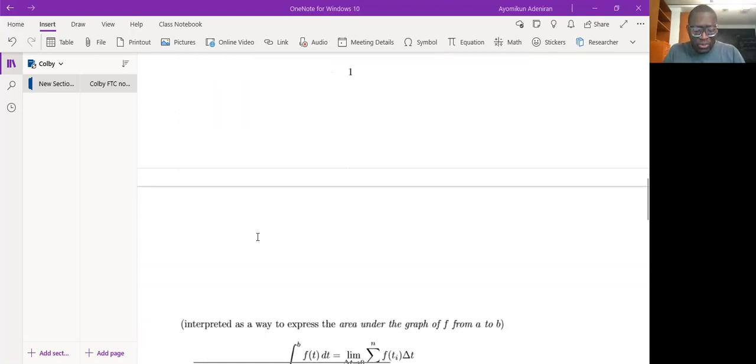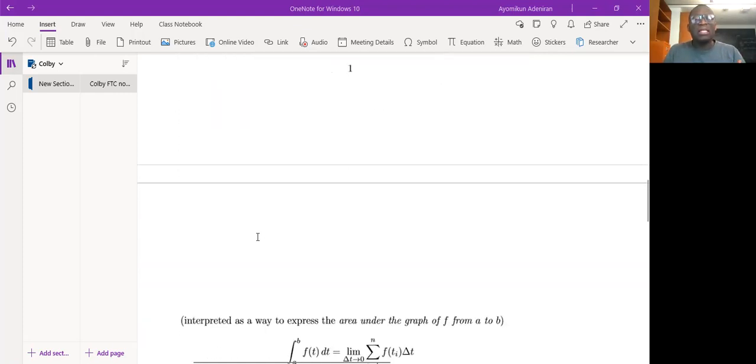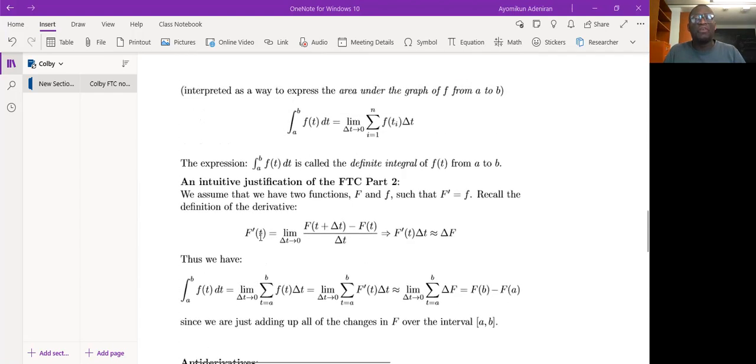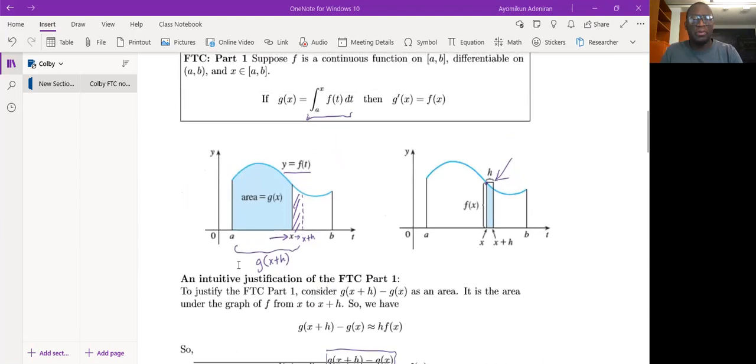So let's try to give an intuitive justification of the Fundamental Theorem of Calculus part 2. But before that, I want to talk about this integral. What does this mean? Whenever we see this integral, we can talk about it as the Riemann integral. So what does that mean? Well, it's the area under the graph, which is the picture we talked about earlier above here.